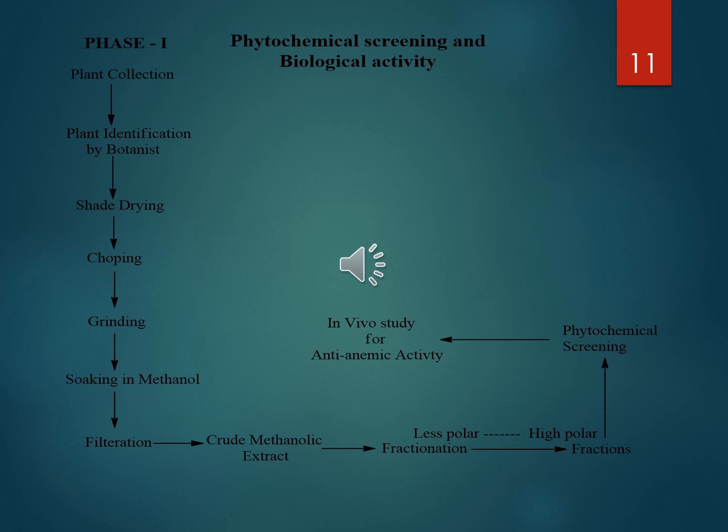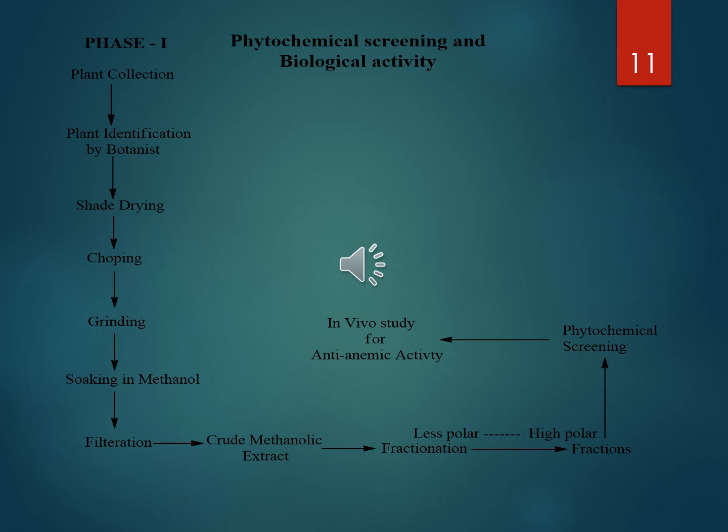Then the methanolic extract is filtered and we get two parts. One is the residual part and the other is the filtrate. At this stage, the residual part is discarded and the filtrate is subjected to further processing. The filtrate part is now called the crude methanolic extract.